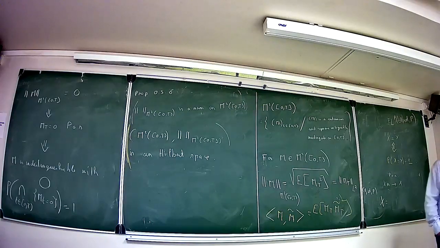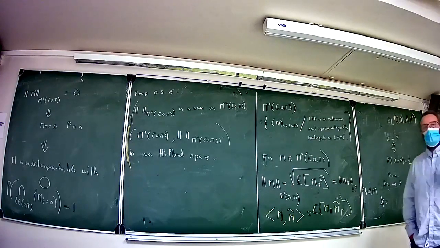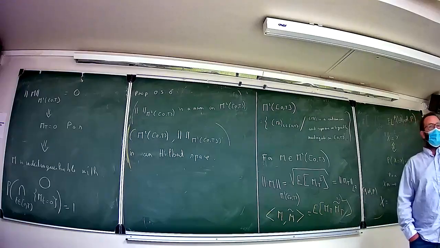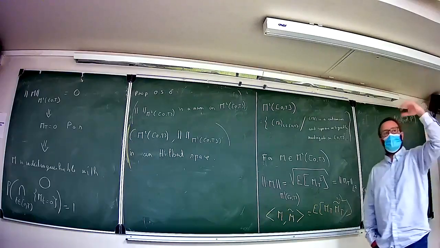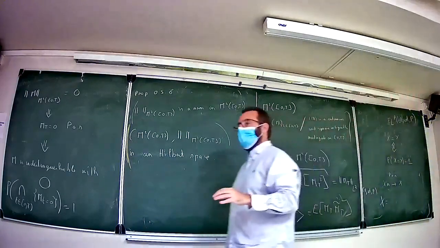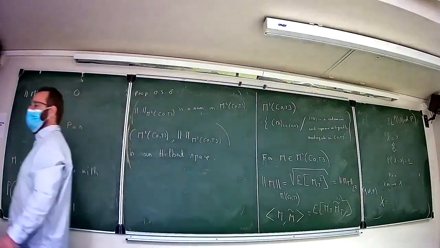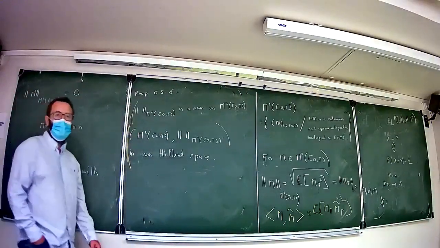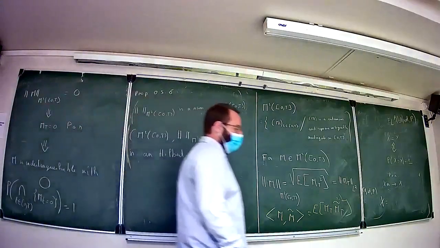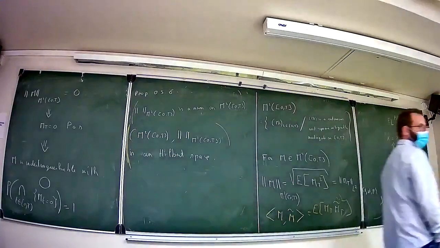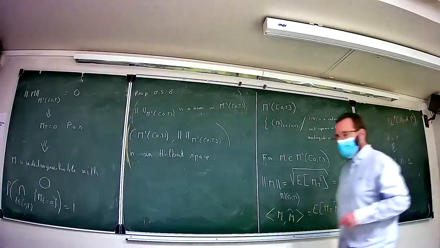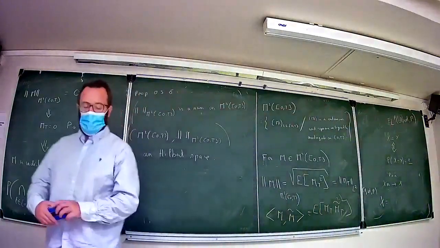If you remember, when I defined the conditional expectation, I said to you that later on I will show you that the existence of the conditional expectation is a consequence of something, this something being the Radon-Nikodym theorem. So, let's see some definitions and after that the theorem.